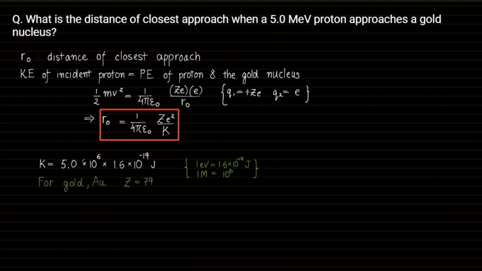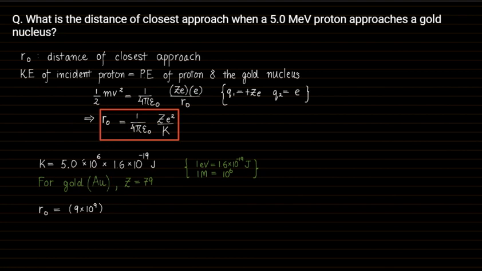Apart from this, the question says you have a gold nucleus. The chemical symbol for gold is Au, and inside gold the number of protons is 79. Now let us substitute these values to calculate the distance of the closest approach r0. 1 by 4 pi epsilon naught is your force constant, whose value is 9 times 10 to the power 9.